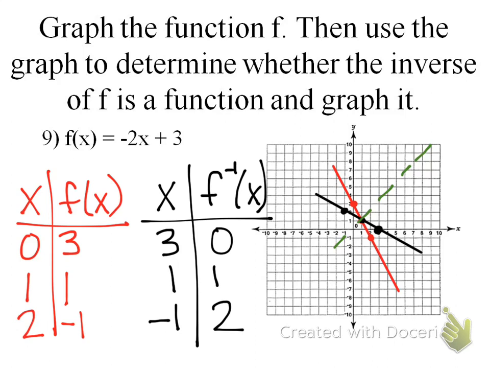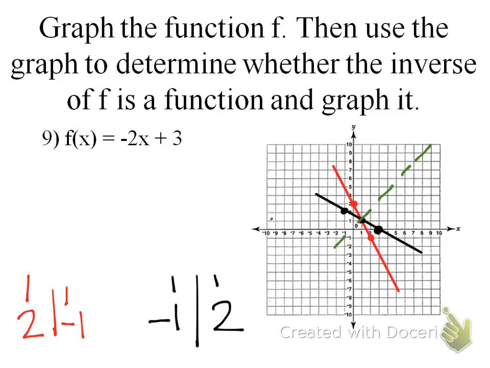Do you want to see how to do it the other way? I can do it real quick. The other way to do this, if you don't like tables, would be to use the slope-intercept method on the red line, right? The original. You're good with that, I'm assuming. And then you would do what we did earlier.